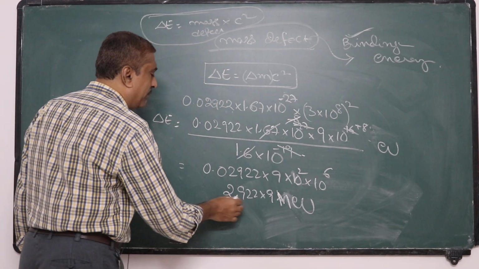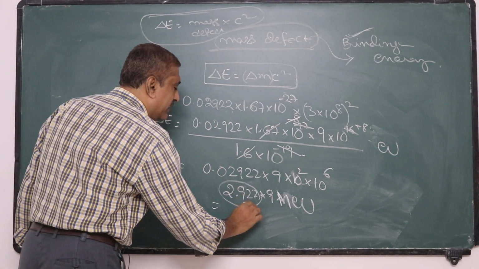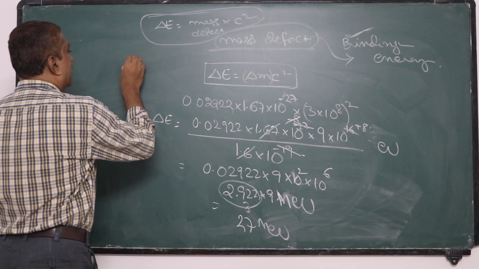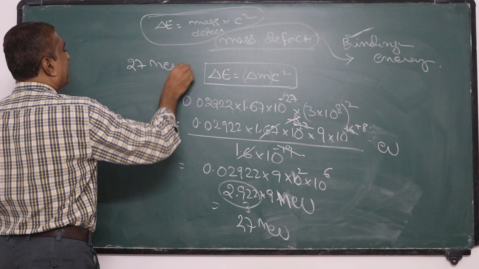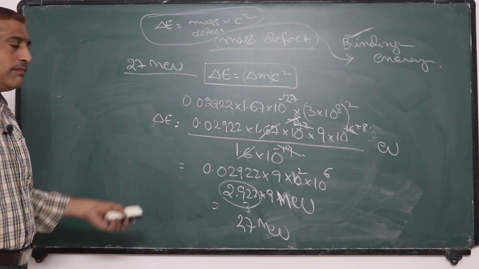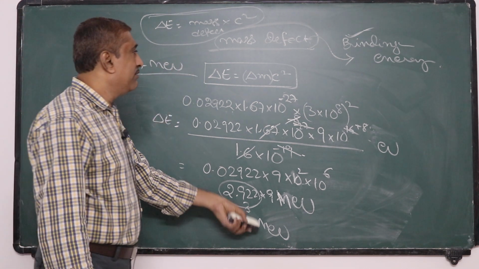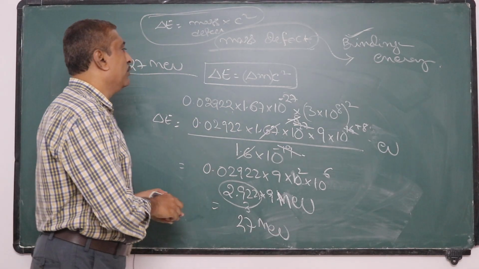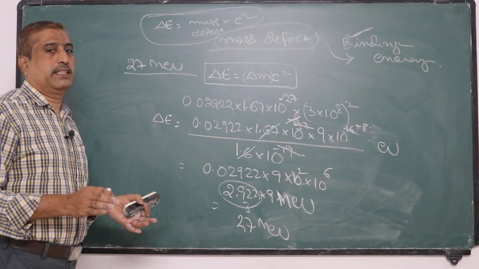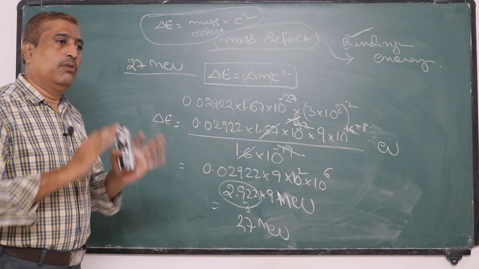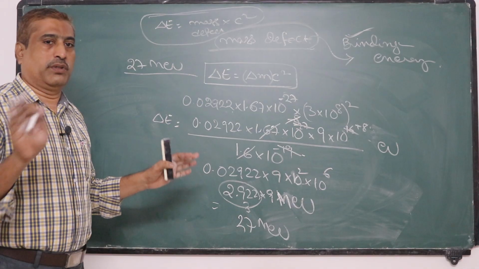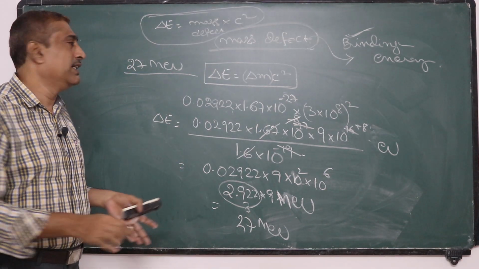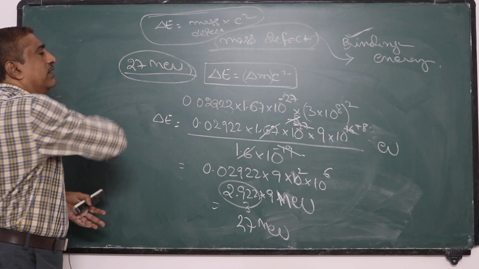Now multiplying this, approximately we take it as 3. 3 into 9 is 27, so 27 MeV. This is the binding energy of this particular helium nucleus. That means to break the helium nucleus into 2 protons and 2 neutrons, that is, into its constituent nucleons, this much energy is required.